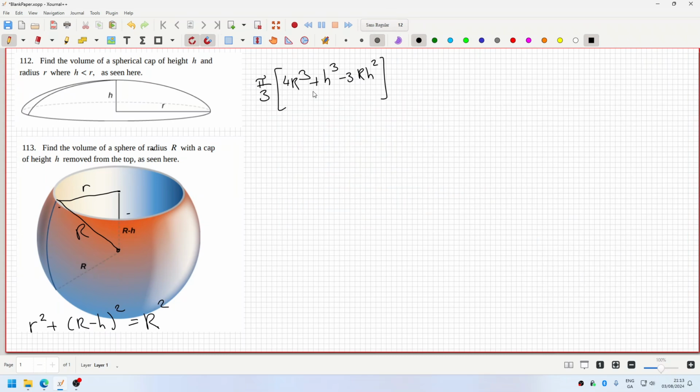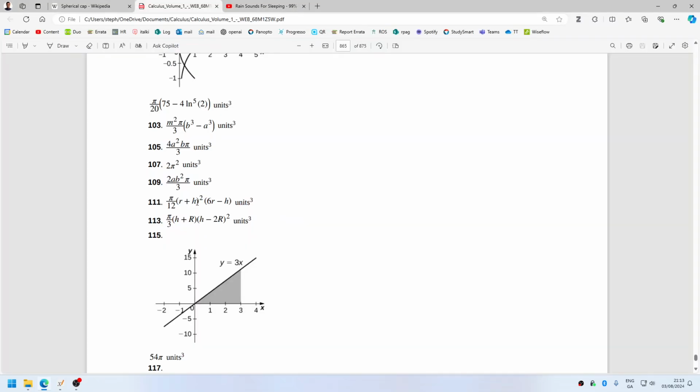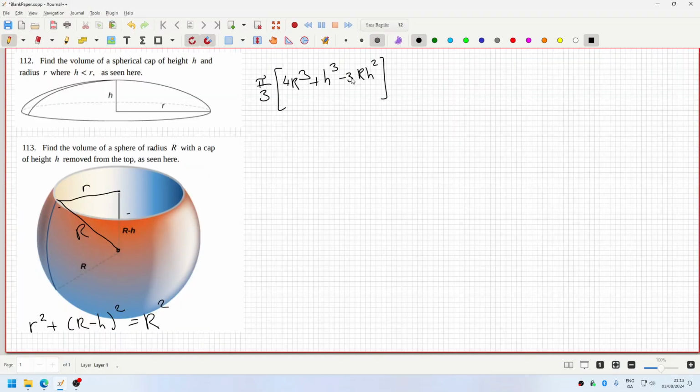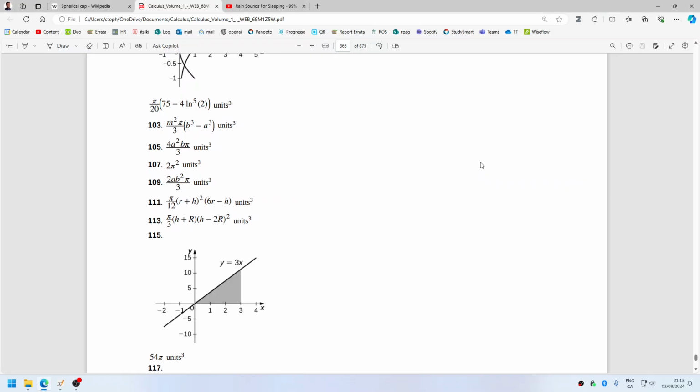What can I do to factorize this? Maybe it might be enough if I can just show that it becomes the answer at the back. So what's the answer at the back then?